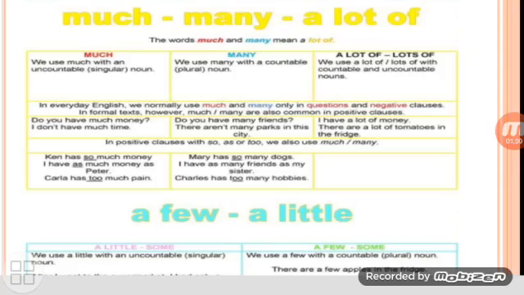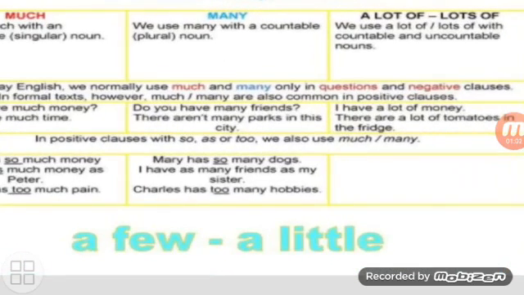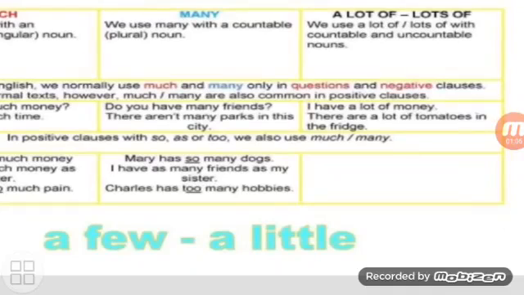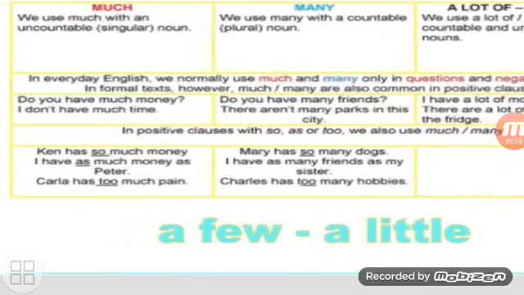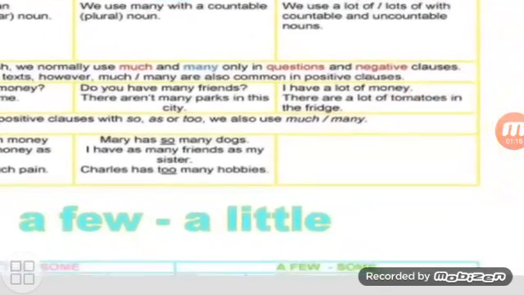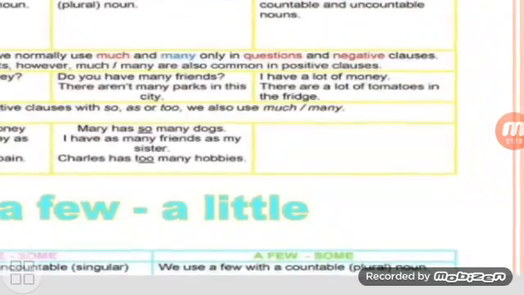In everyday English, we normally use much and many only in questions and negative clauses. In formal texts, however, much or many are also common in positive clauses.